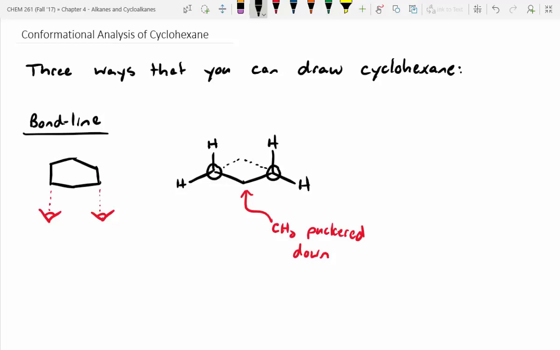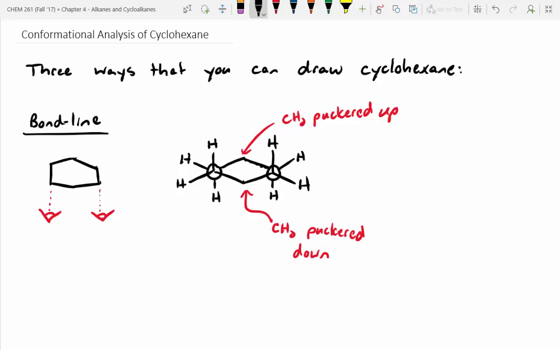And then in these back carbons, you can imagine this one in the back is puckered up. And then last but not least, we've got these hydrogens over here. And I'm just going to make these solid lines because we know they're in the back now. And then we've got hydrogens pointed down as well.